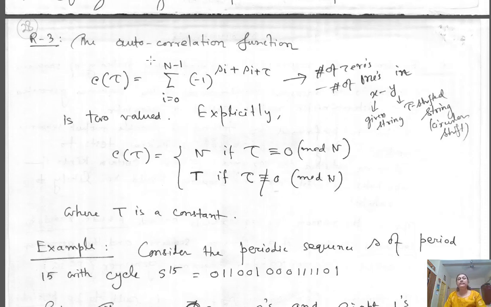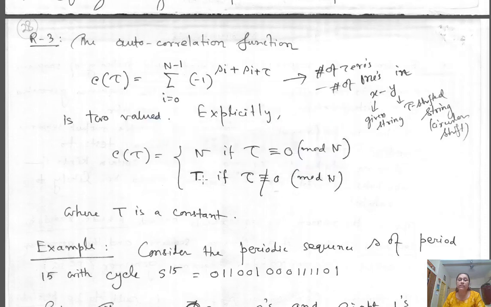Okay, so it says if you define the autocorrelation function in this way, using the given string and the tau shifted string, then it is a two-valued function. More explicitly, C tau is n if tau is congruent to 0 modulo n, that means tau is divisible by n.